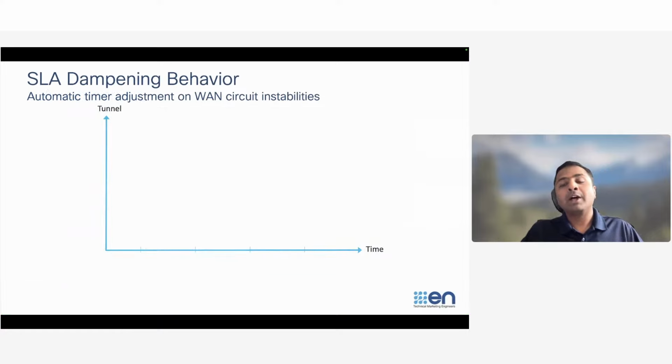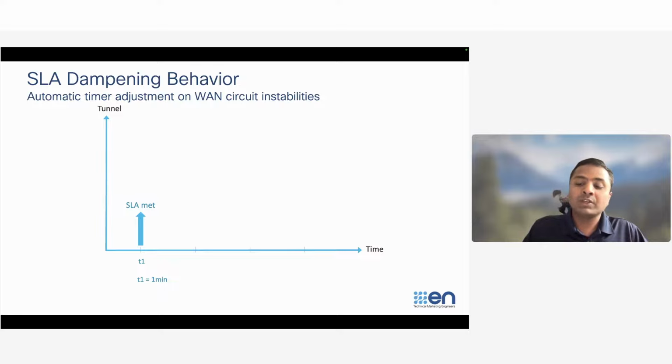So just to double click further in a more pictorial way, what the dampening behavior looks like. Imagine you have an SD-WAN tunnel between the SD-WAN edge devices, and you have your WAN circuit. And let's say at time t1, the tunnel starts to meet SLA.